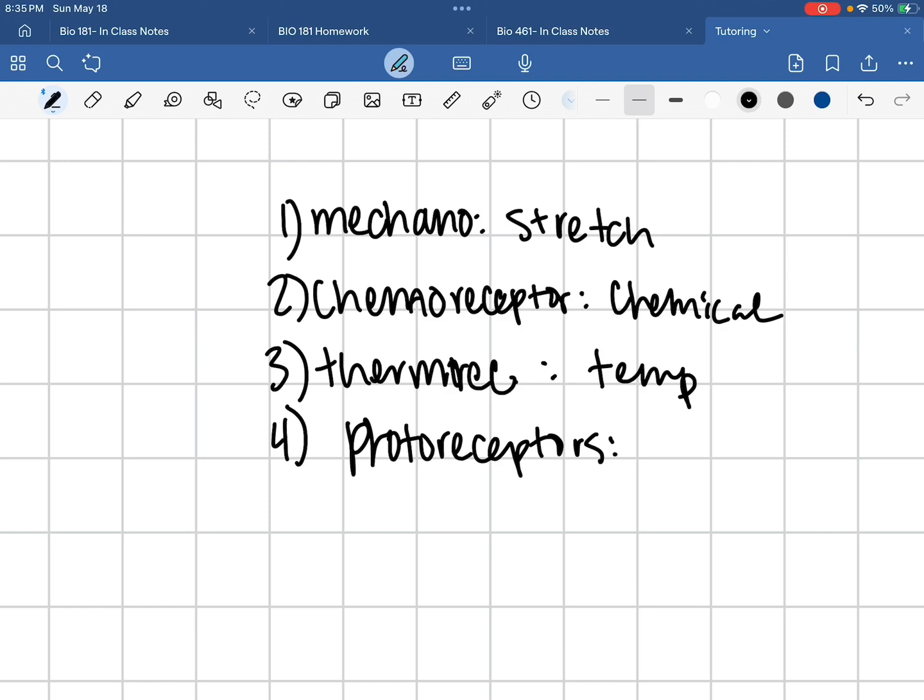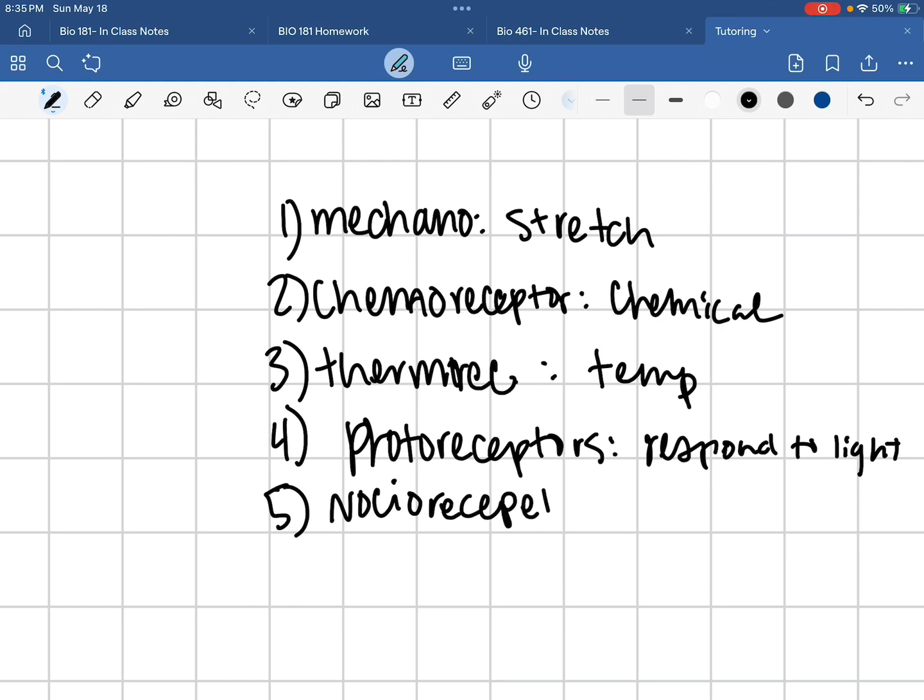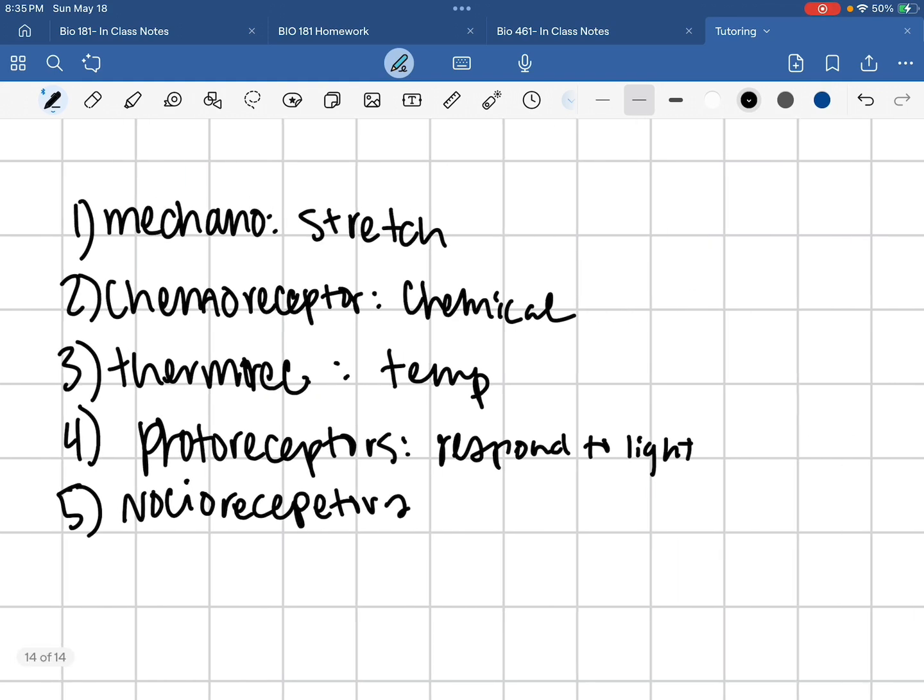It's specifically in your retina, I think, and these respond to light. And then we have our nociceptors, which detect a change in pain. These are your pain receptors.